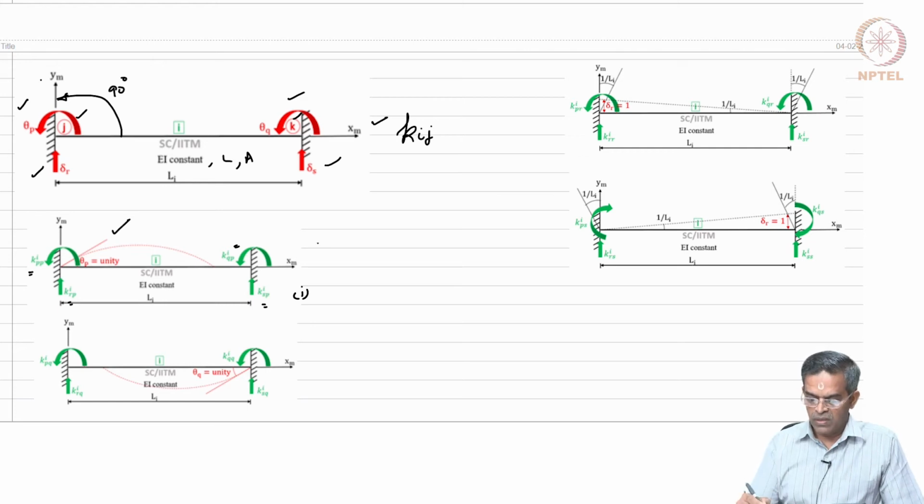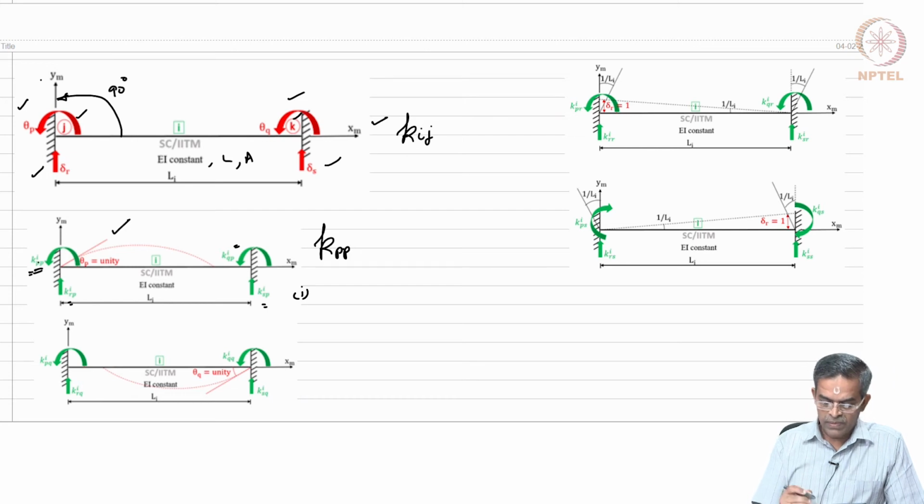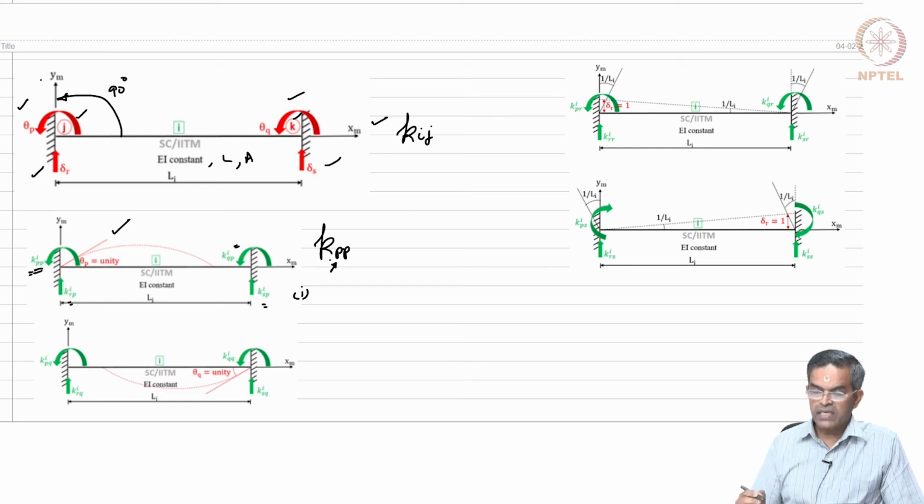In Kpp, for example, the first subscript stands for the degree of freedom where I am measuring the force, which is P, and the second subscript refers to the degree of freedom where you are giving unit rotation. So, theta p is unit, therefore it is P. You will find in figure 1 the second subscript of all is P.